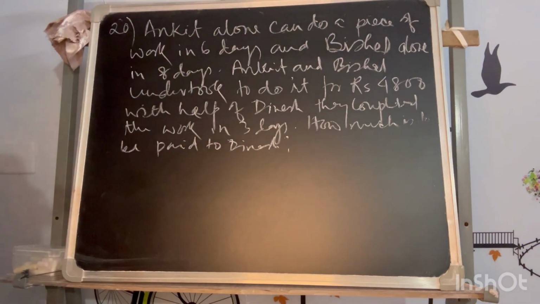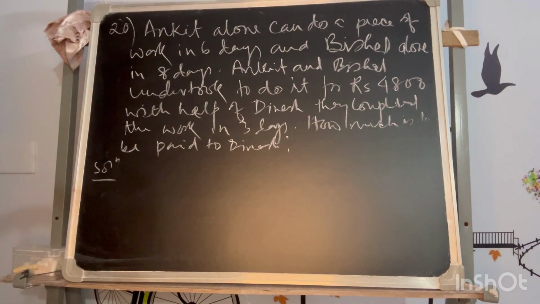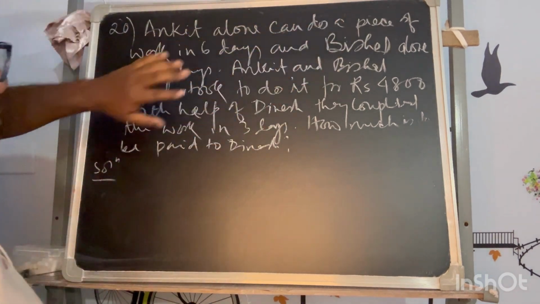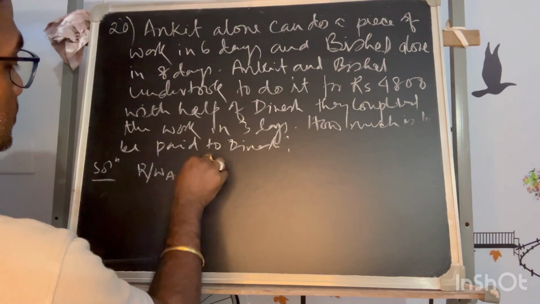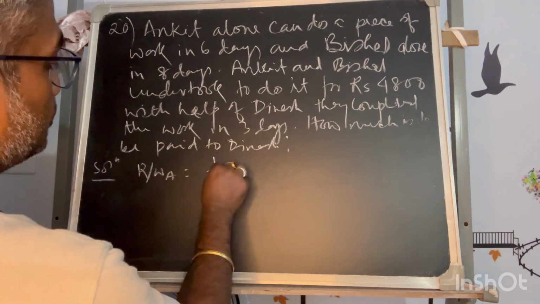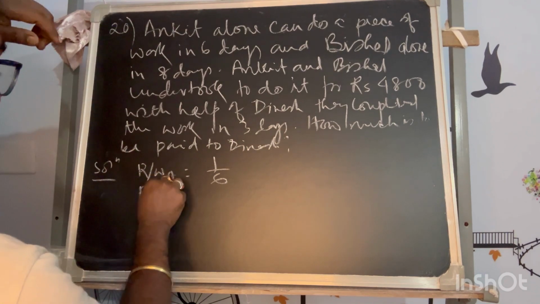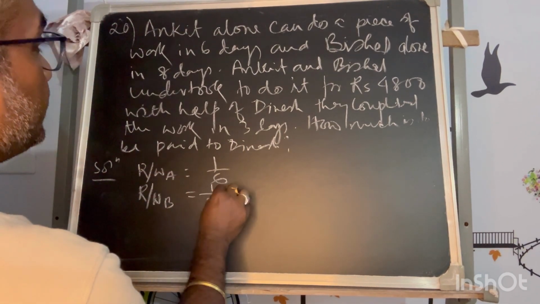So the solution will be on the basis of this: Ankit can do a piece of work in 6 days, so the rate of Ankit's work is 1 upon 6, and the rate of work of Vishal is 1 upon 8.